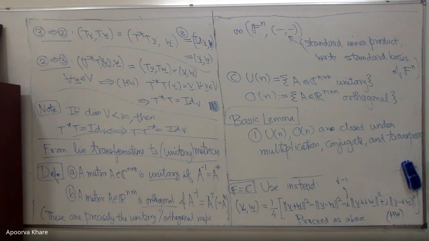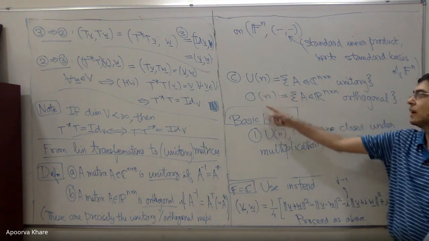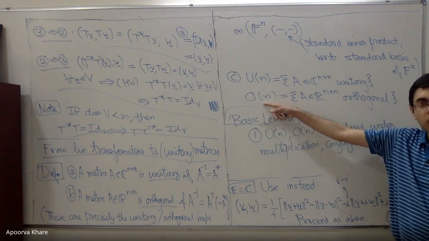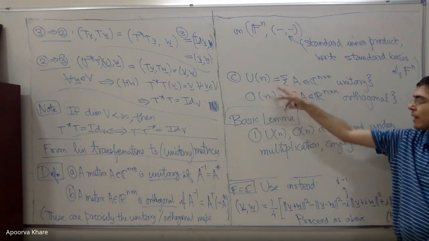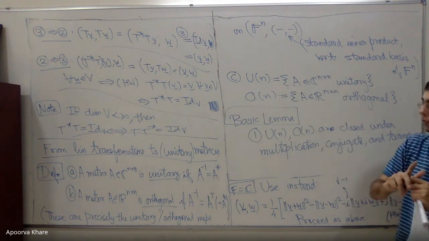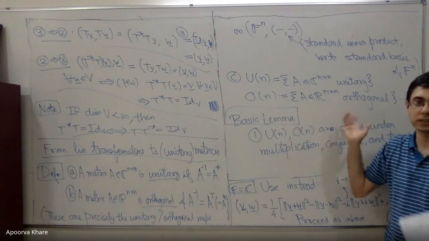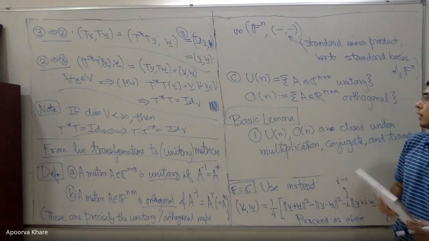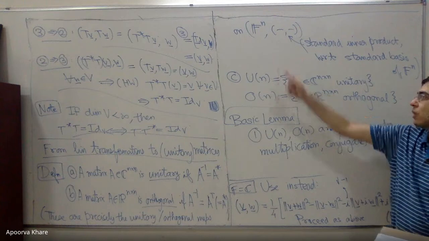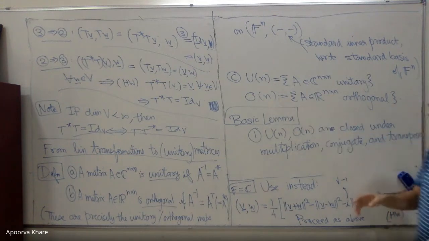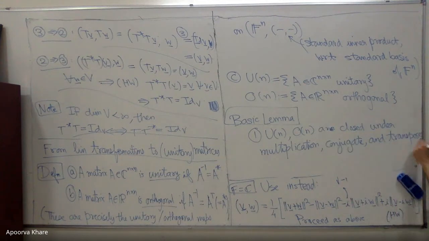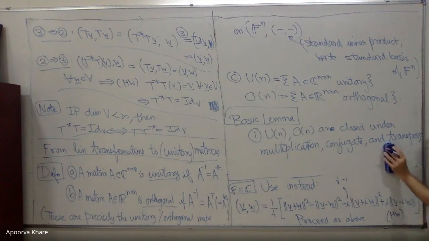So I take any matrix in either this set or this set, I take its conjugate or its transpose, and I get back a matrix in the same set. Of course, if I take the conjugate of a real matrix, I just get back itself. And also, if I take two matrices in this set or two matrices in this set, oh, one more thing: conjugate, transpose, and inverse.